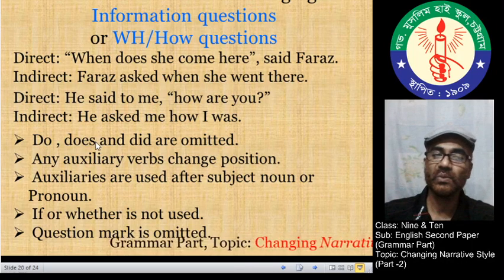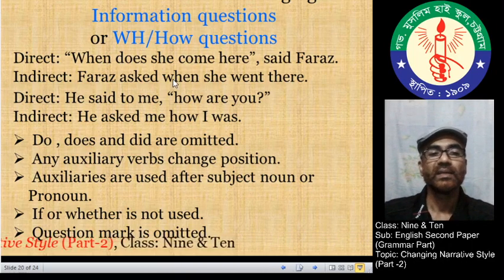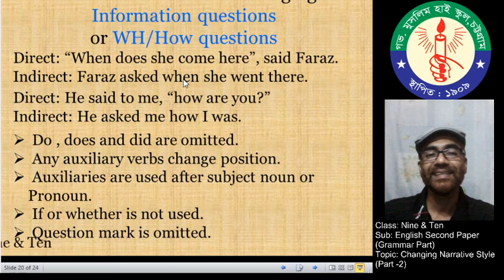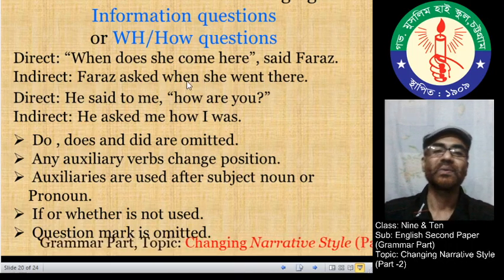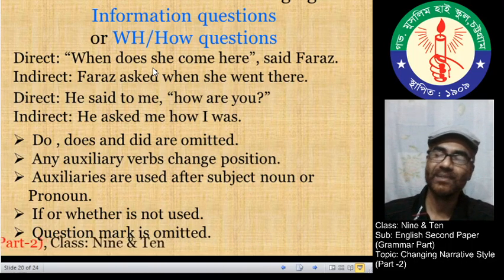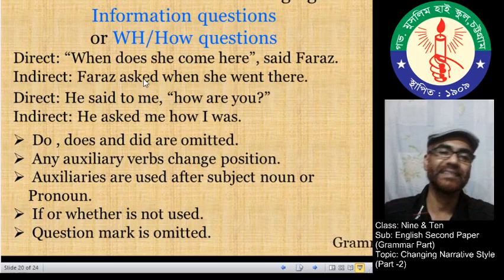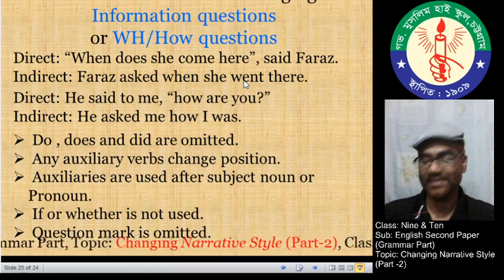Got it? Do, does, and did are omitted. It doesn't say when did she go there, or when she did go there. Does is an auxiliary verb, so it's omitted, and the principal verb always takes the position. Okay.